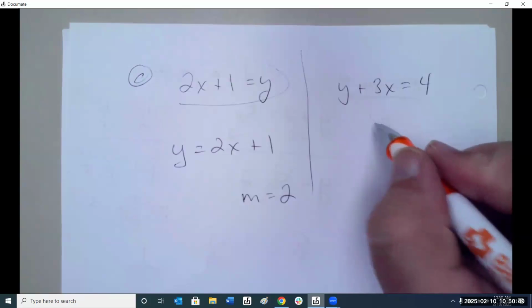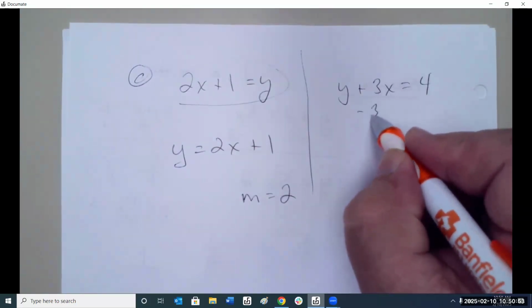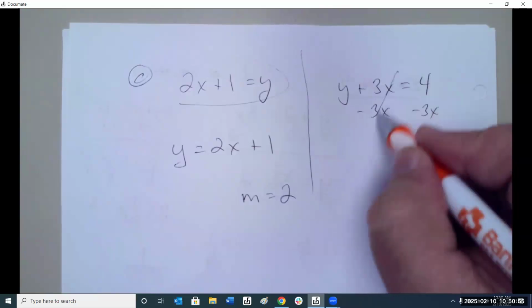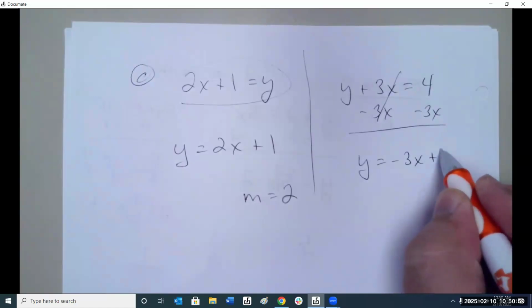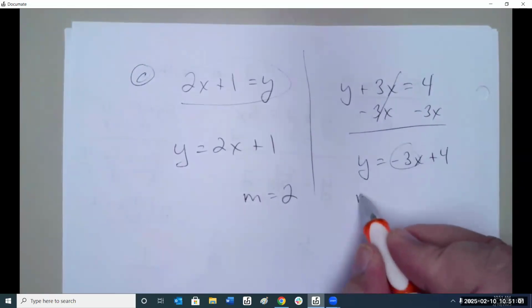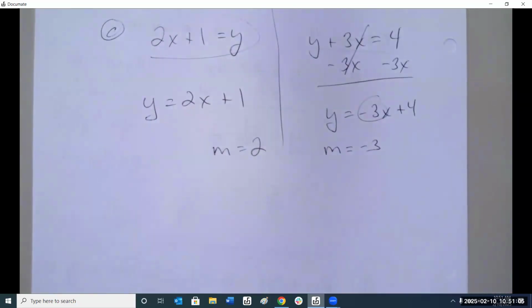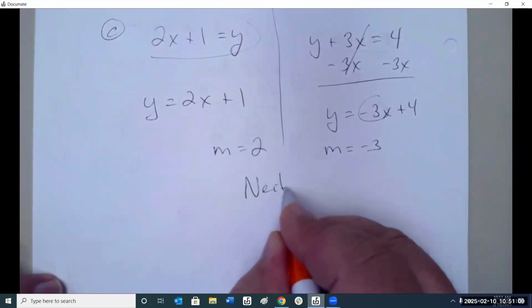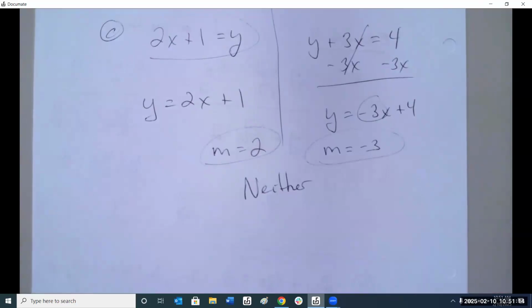And the other one, what do I have to do? Subtract 3x, move the 3x over there. So I get y equals minus 3x plus 4. The slope is negative 3. Are they equal? Are they reciprocals? Since the slopes are neither equal nor reciprocals, it's neither.